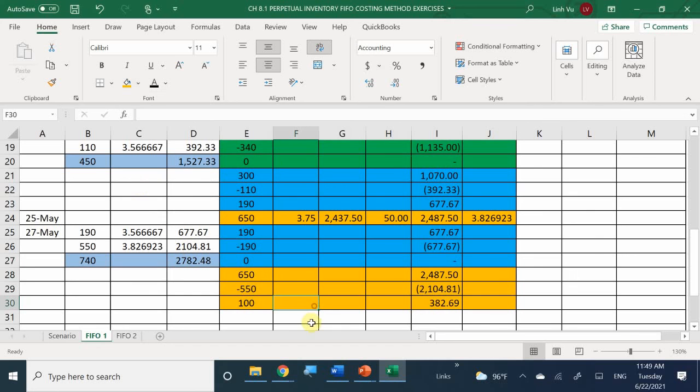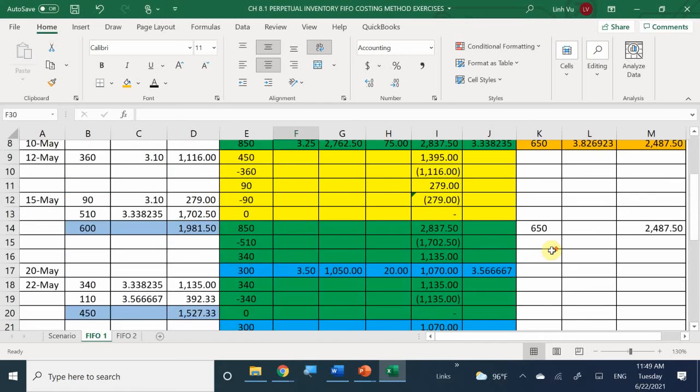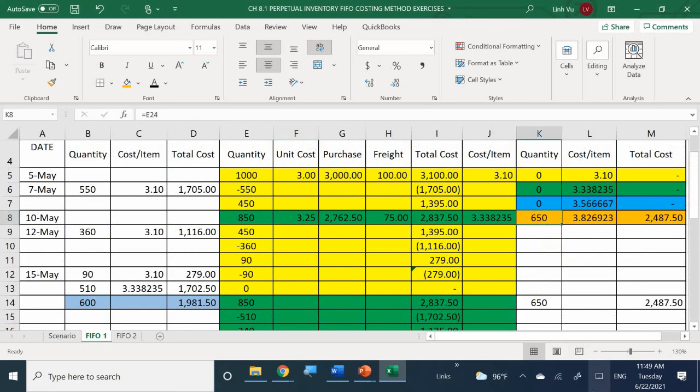So now I'm going to go ahead and update my inventory because I no longer have 650. I only have 100 left, at $3.826923, which once again was exactly what my scenario said.